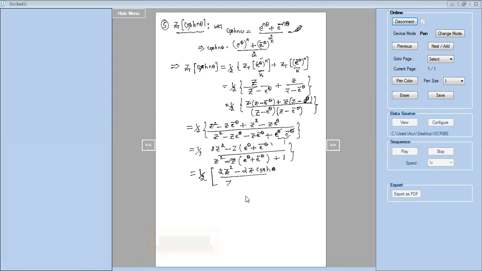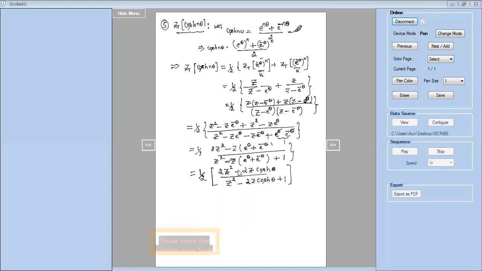Again, this is z square minus. See, this is e power theta plus e power minus theta. It is 2 cos h theta into z. So it becomes 2z cos h theta plus 1, right? So I'm putting for this e power theta plus e power minus theta is 2 cos h theta.